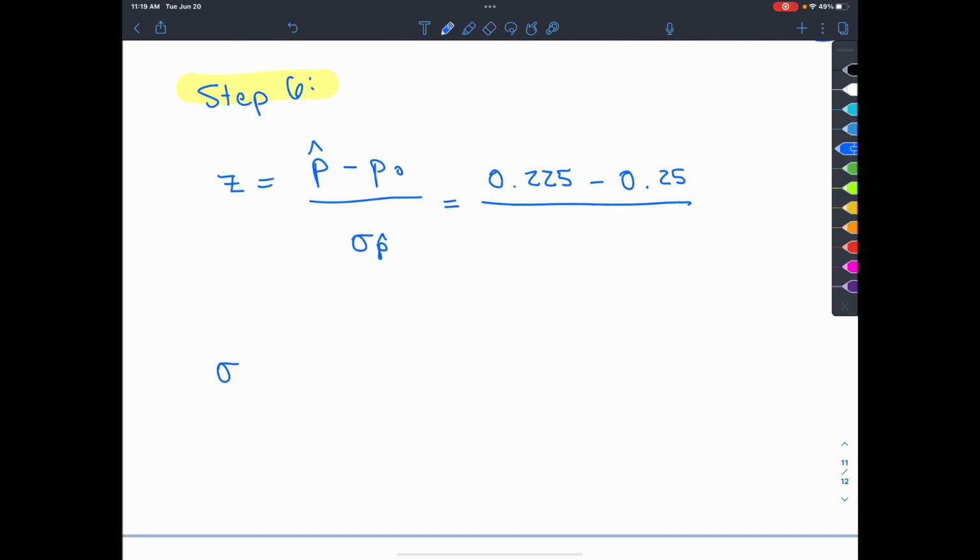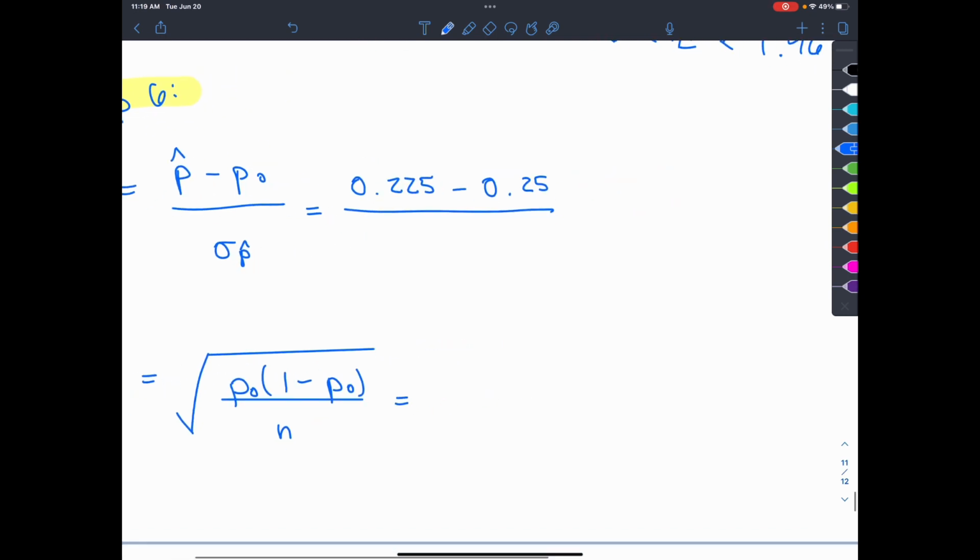So we have to write a separate formula here. And that is going to be the square root of the null proportion times 1 minus the null proportion all over n.